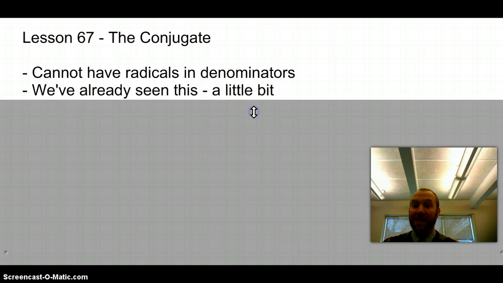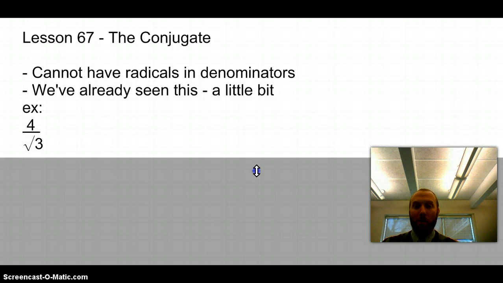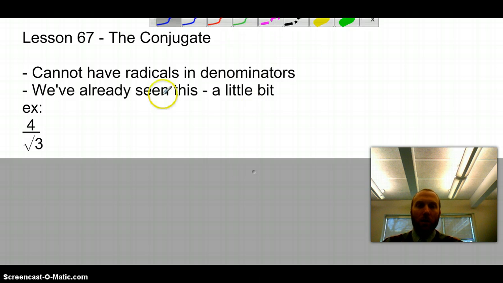Now, of course, we've seen this. We've dealt with it. We did one of these yesterday or the day before. If I show you 4 over the square root of 3, you should be saying to yourself, okay, no radical in the denominator. What do I need to do to take care of this? Well, I need to multiply by the denominator, in this case the square root of 3, over the square root of 3.